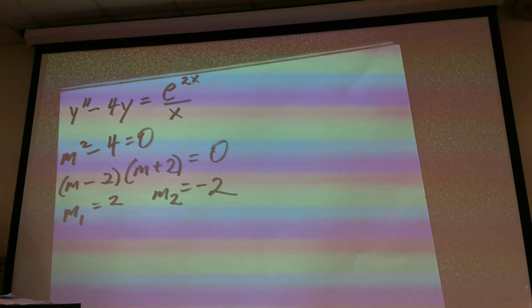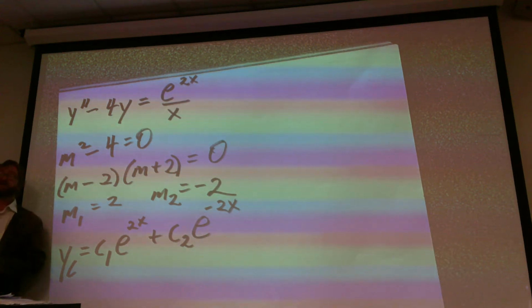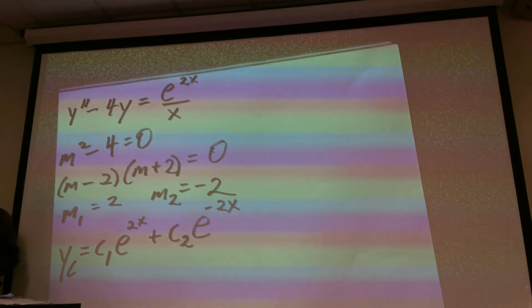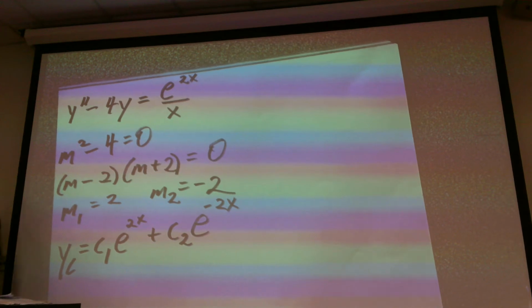I'm going to have to get a new marker. One week has already killed a Sharpie. Okay, so what is that telling me? That's telling me that the complementary solution, y sub c, is going to be c1 e to the 2x plus c2 e to the minus 2x. So that's our c1y1 plus c2y2.